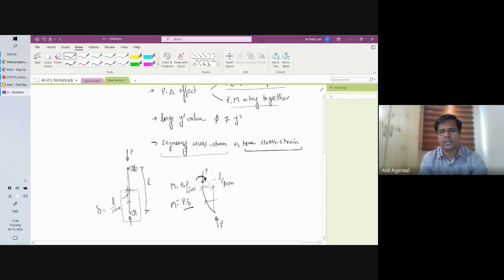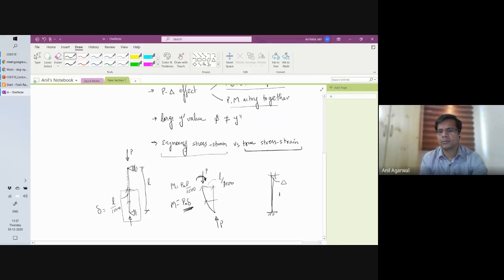This is called the P delta effect. Fine. A similar thing can happen for a cantilever column. A cantilever column, which was supposed to be perfectly straight, for some reason is not perfectly straight. It has a small deflection, we'll call it delta, a small imperfection to start with.